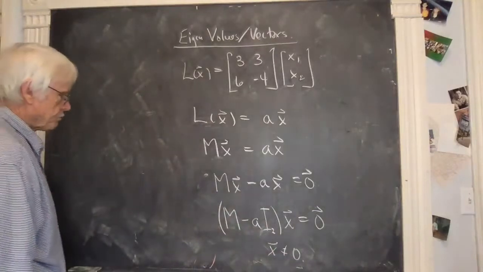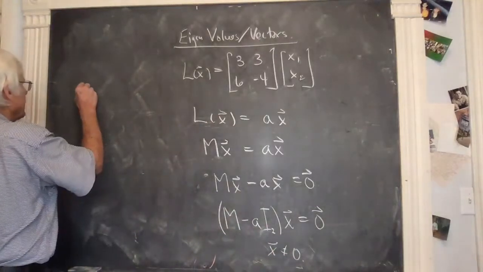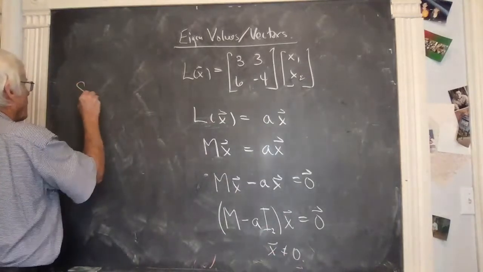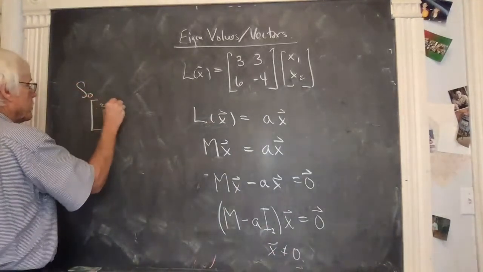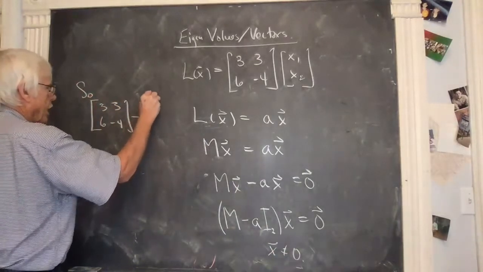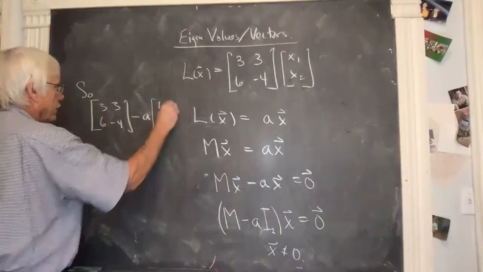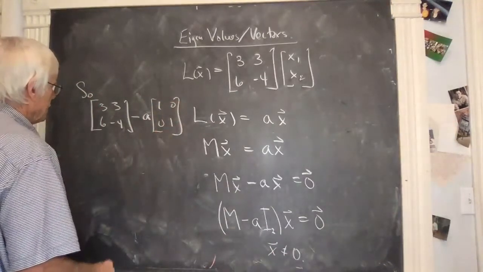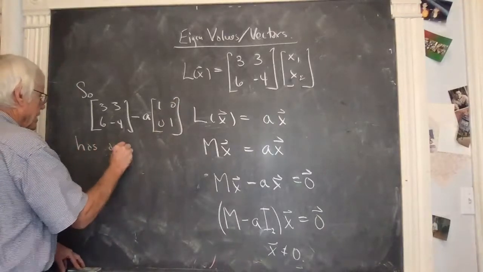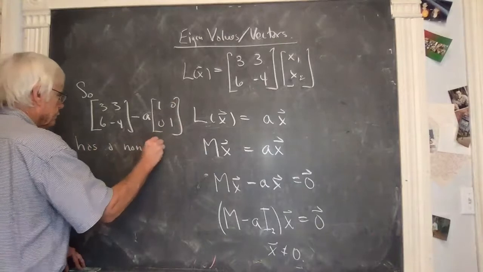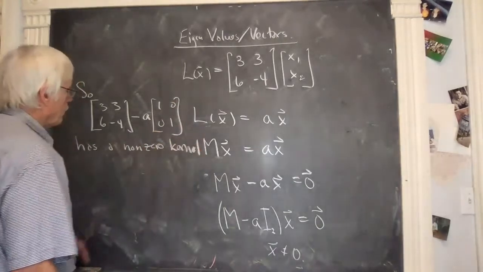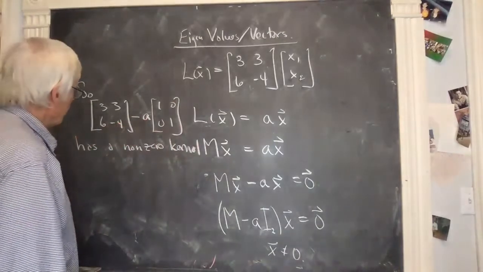So let's look at this: the matrix 3, 3, 6, minus 4, minus A times I, the identity, 1, 0, 0, 1, has a non-zero kernel. And we want to find the A values for where that happens.